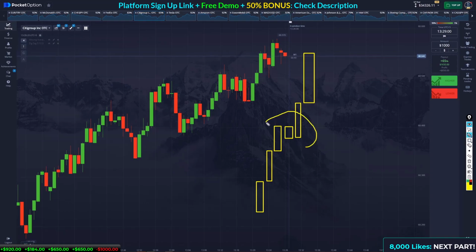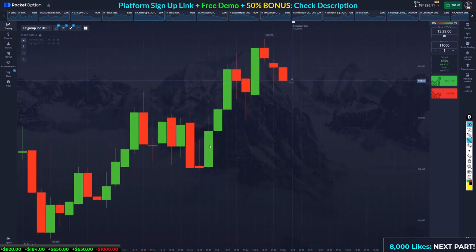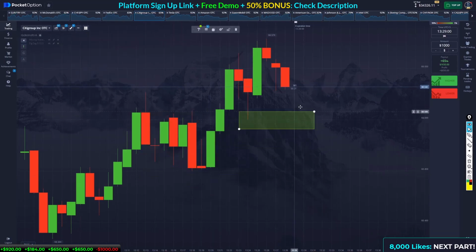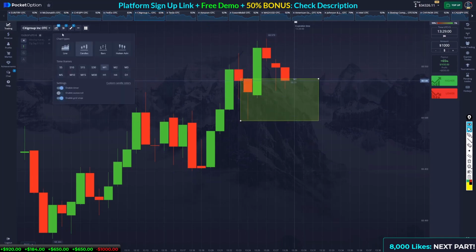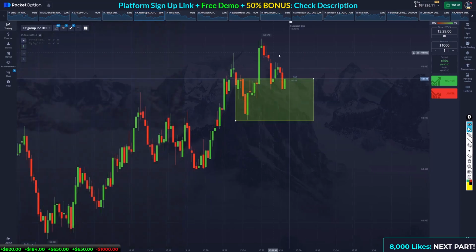This area right here has something inside of it, right? If I mark up this ABC and try to show you something, go to lower time frame, step by step, boom.